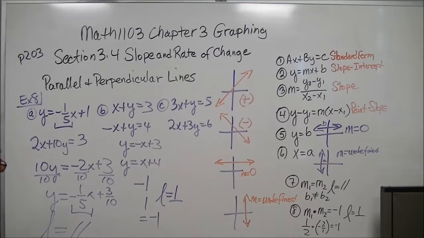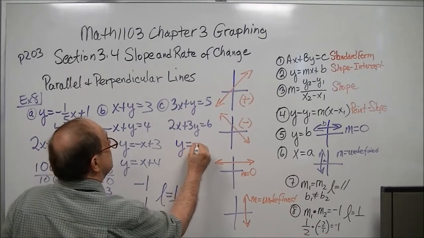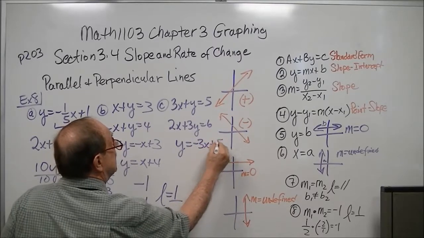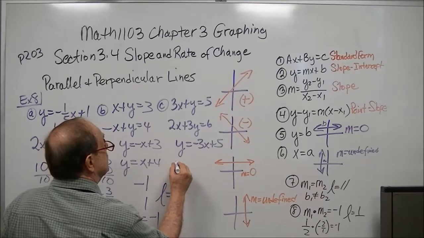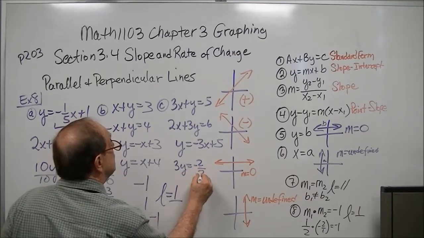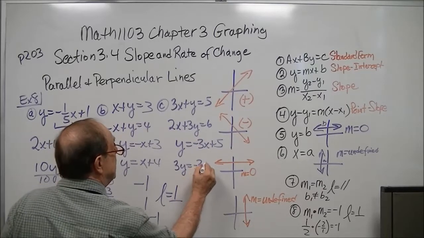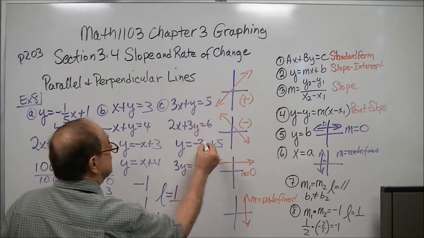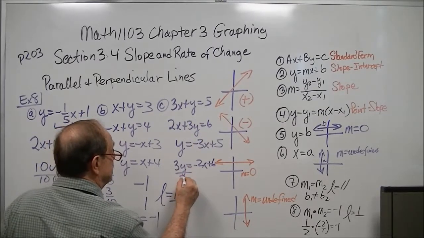All right, in this one, now I solve it for y. Y equals -3x plus 5. That's this equation, just transpose it. Here, this is 3y equals -2x plus 6. So divide everything by 3.